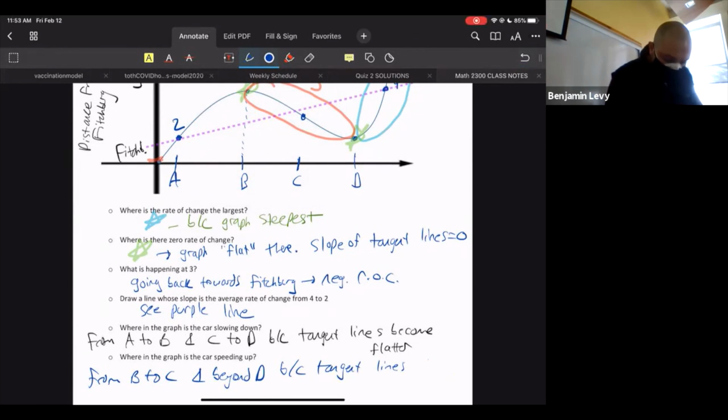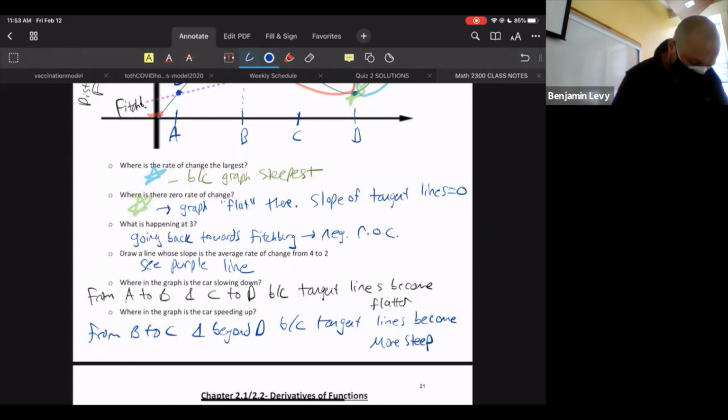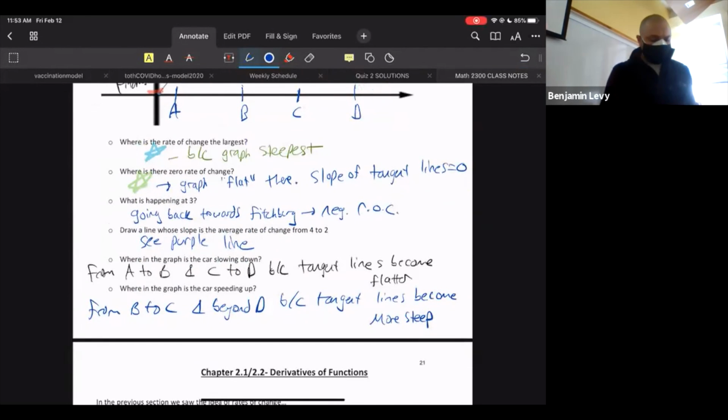Let me try to make that a little more legible. Steepen, is that even a word? Let's just say become more steep. Right, the slopes are going up in a positive or negative way. Right, B to C, we're going faster, but we're going faster negatively, and beyond D, we're going faster, but we're going faster positively. I don't know if that.